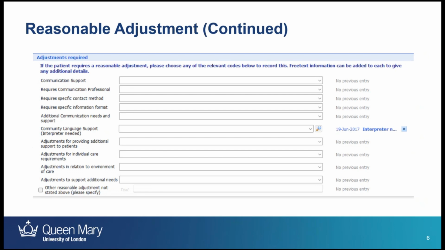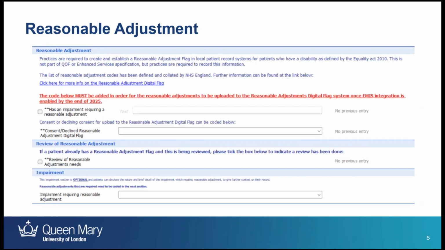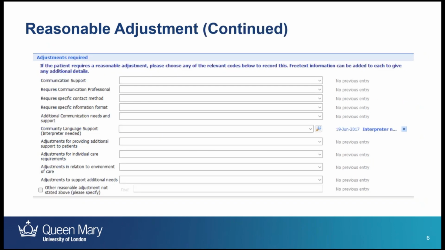It's just one page, but it's a continuum. The first section allows you to identify and record. The second section on the page allows you to record in more detail what sort of adjustment your patient would need. So for example, if they need a certain type of communication support, do they prefer auditory communication methods?